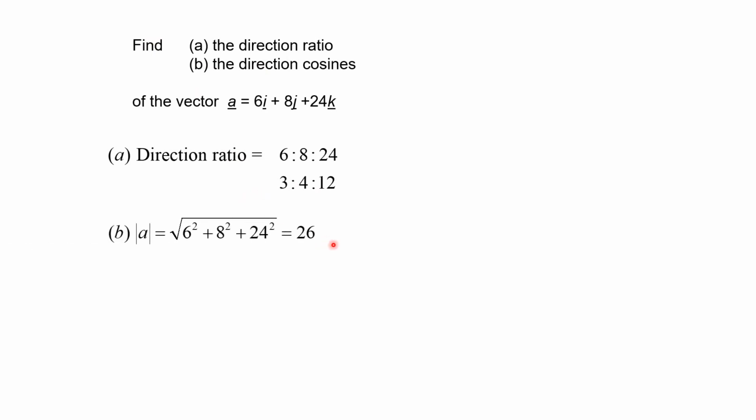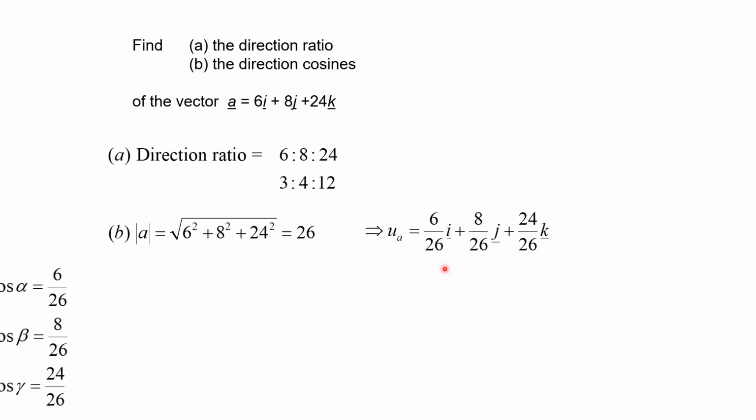And in order to determine the direction cosines, you need to find the magnitude of the vector. So it's 6 squared plus 8 squared plus 24 squared, square rooted, which gives 26. You also need to have the unit vector. The unit vector would simply be each component over the magnitude: x being 6 over 26 multiplied by i, 8 over 26 respectively, and 24 over 26.